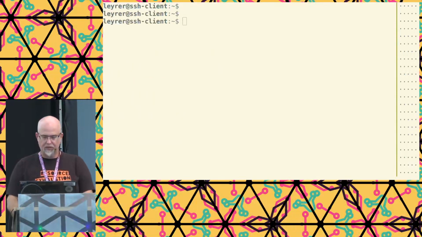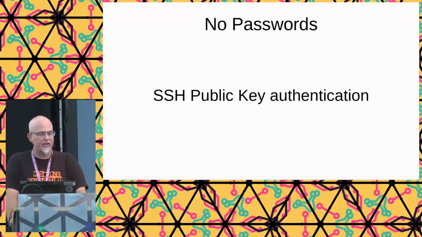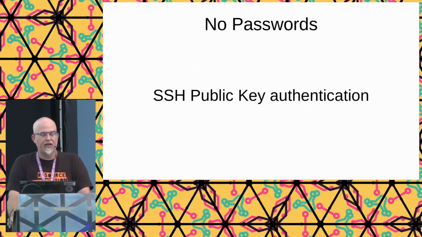Right. So as you noticed, this cuts down on the typing for connectivity, but the server is still asking for a password. So how can we fix this? Well, there's something called SSH public key authentication. So that helps us.